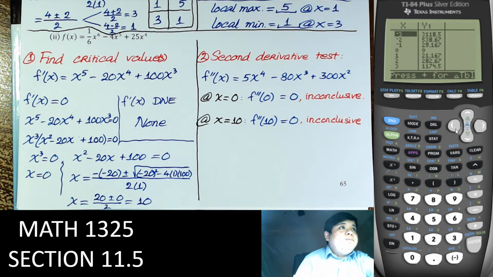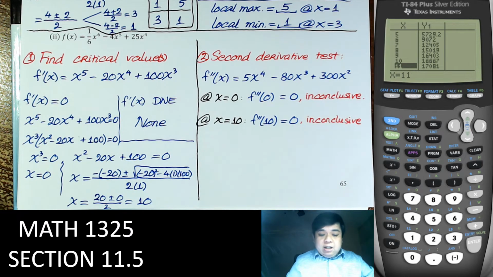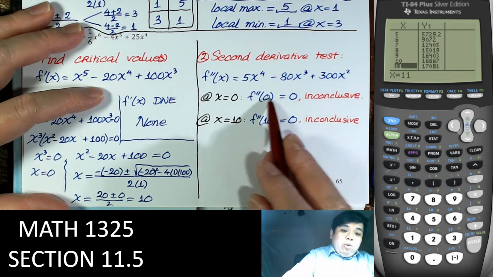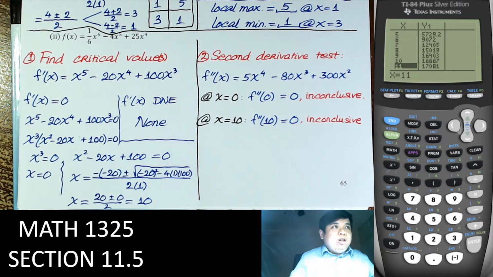So we can see at 0, that is the minimum, and at 10, it looks inconclusive there. But like that, the second derivative test is inconclusive when the second derivative equals 0. So we're just going to stop there. We cannot say if it's the maximum or the minimum.